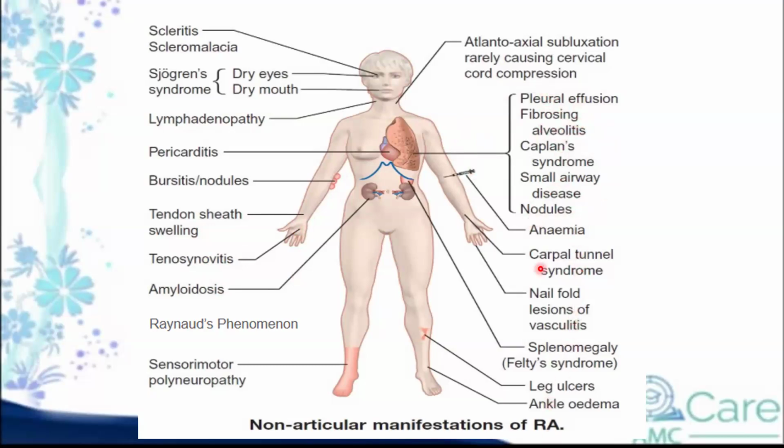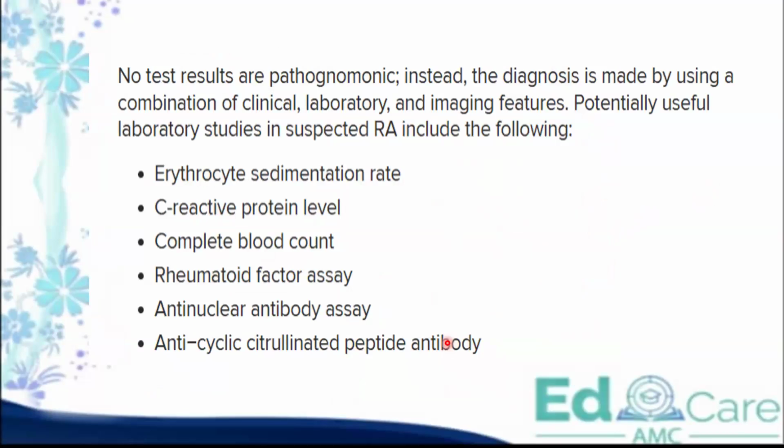Then there is the anemia of chronic disease. So if you do a full blood count, that can also give you a hint toward the diagnosis, if they give you an anemia, right? There's no pathognomonic test.